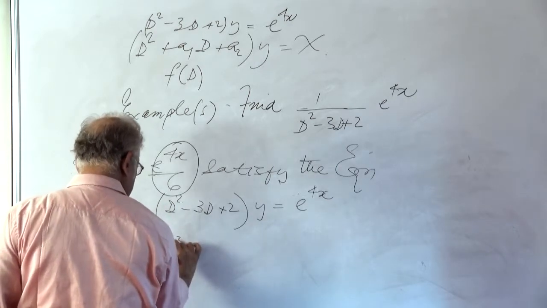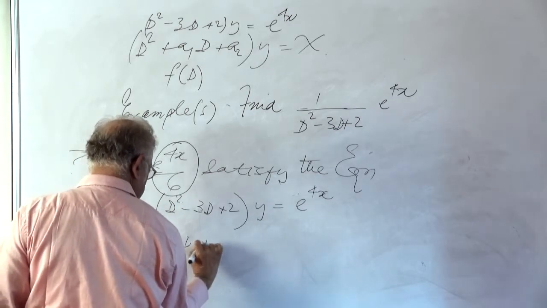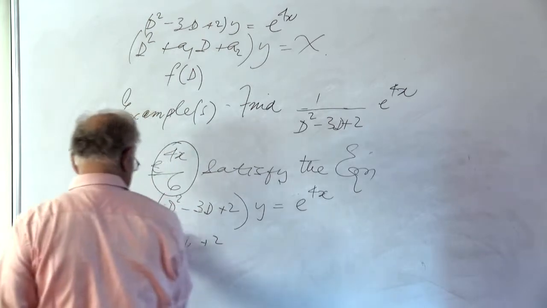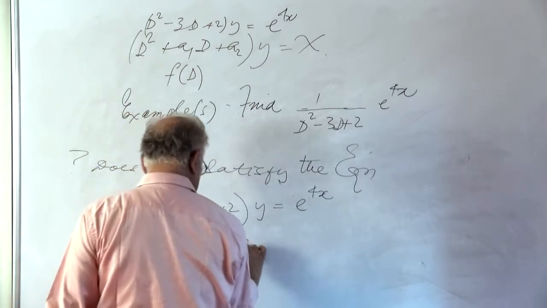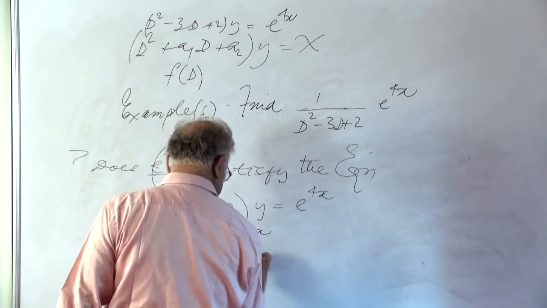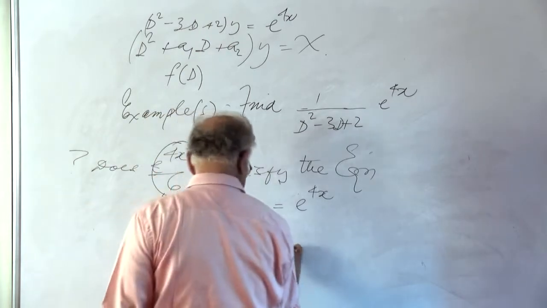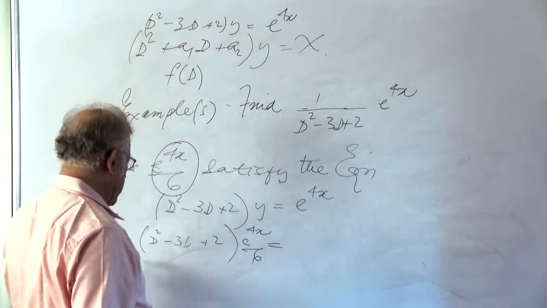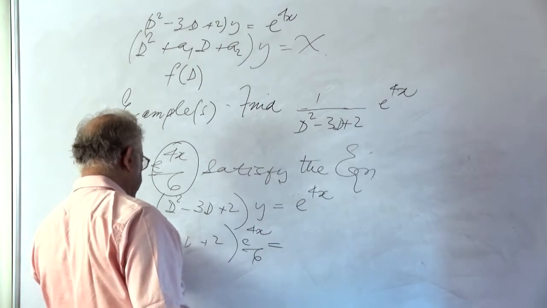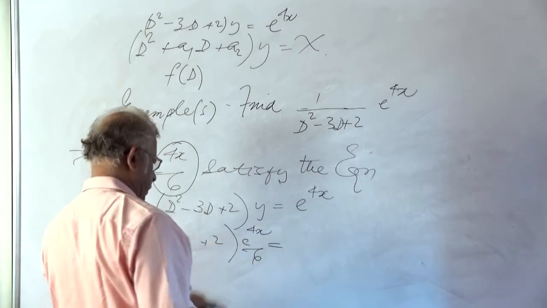D squared minus 3D plus 2 operating on e to the power of 4x divided by 6 is nothing but, first term is D squared operating on e to the power of 4x by 6.